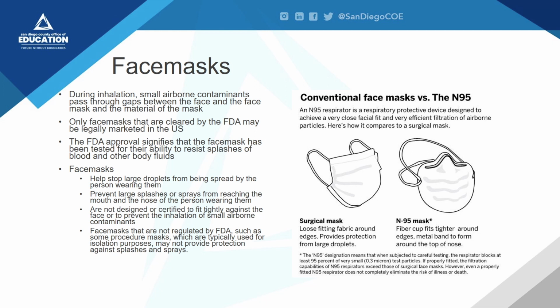If properly fitted, the filtration capabilities of N95 respirators exceed those of surgical face masks. However, even a properly fitted N95 respirator does not completely eliminate the risk of illness or death.